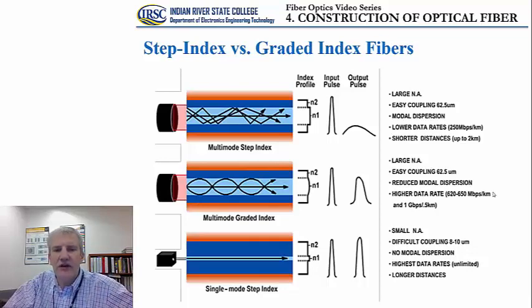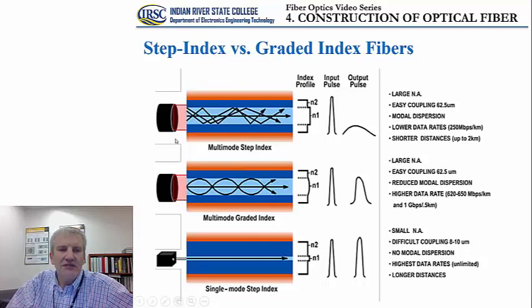The first thing that you can notice is the type of the light source. In the case of multimode fiber, either stepped index or graded index, we are using some sort of light source that has a much larger numerical aperture, so it's easier to couple the light into the multimode fiber for the simple reason of its core being much larger, much thicker than the radius of the core in the case of a single mode stepped index.